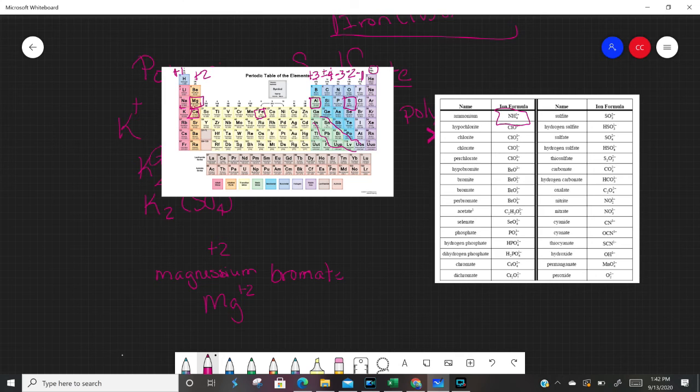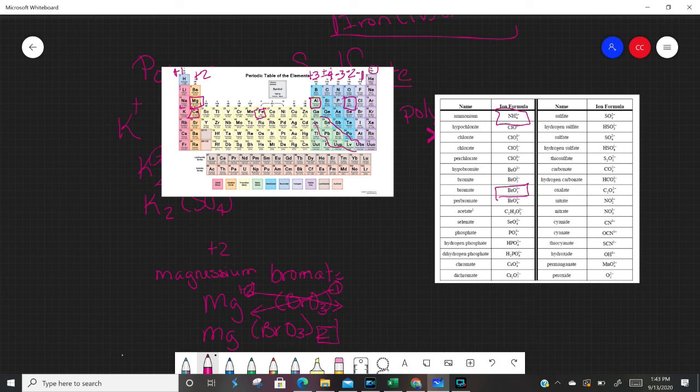And bromate, there it is, BrO3 with a -1 charge. Putting the parentheses in the box when I write it helps me make sure that I put this 2 on the outside here and this 1 here. So Mg(BrO3)2. Remember, this 2 is telling me I have 2 of the bromate ions.